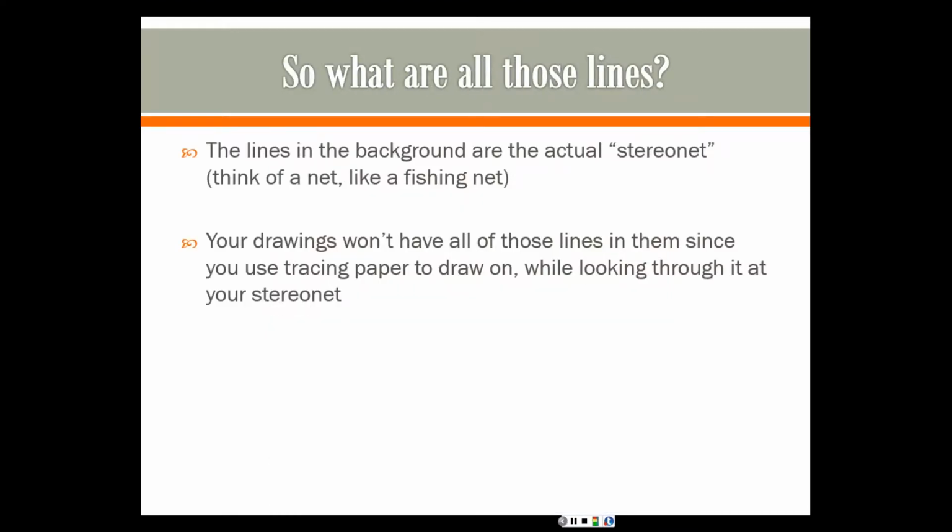You call it a net because it kind of looks like a fishing net. But when you're done actually drawing something, it won't have all of that because you're using tracing paper, so that when you're done, you have a cleaner image that just has some lines or curves or dots on it, and the outside circle that gives orientation.